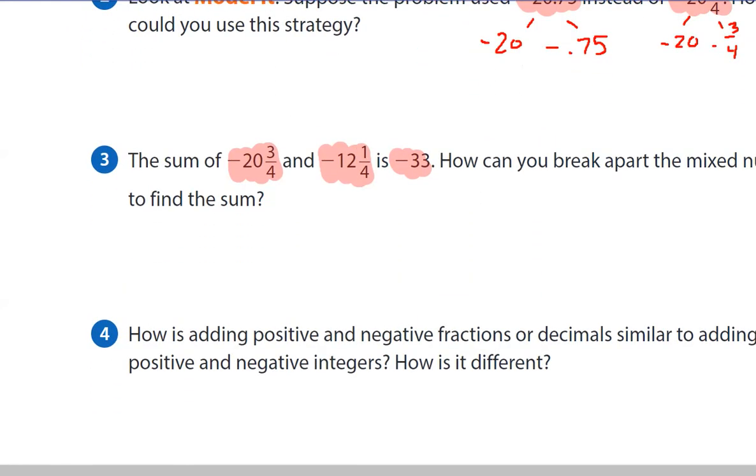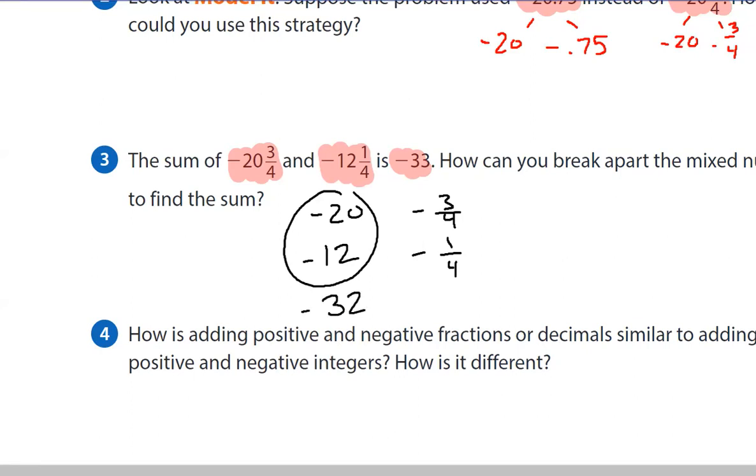So we would take the negative 20 3/4 and put negative 20 and negative 3/4. And then we'd take the negative 12 1/4 and split it into the whole number and the fraction. Now we've got to combine these. 20 and 12, that's 32. But it's all negative, so the whole thing has got to be negative. It can't just magically be positive.